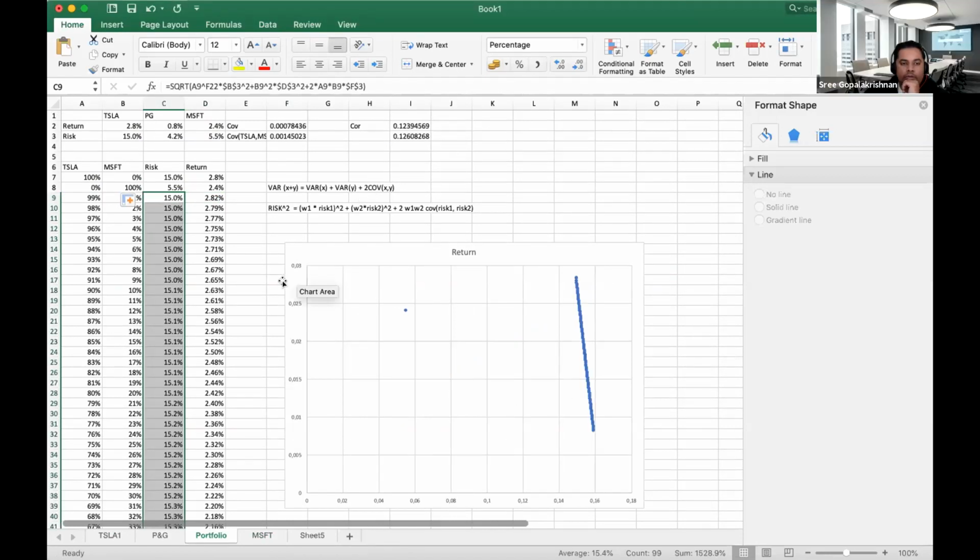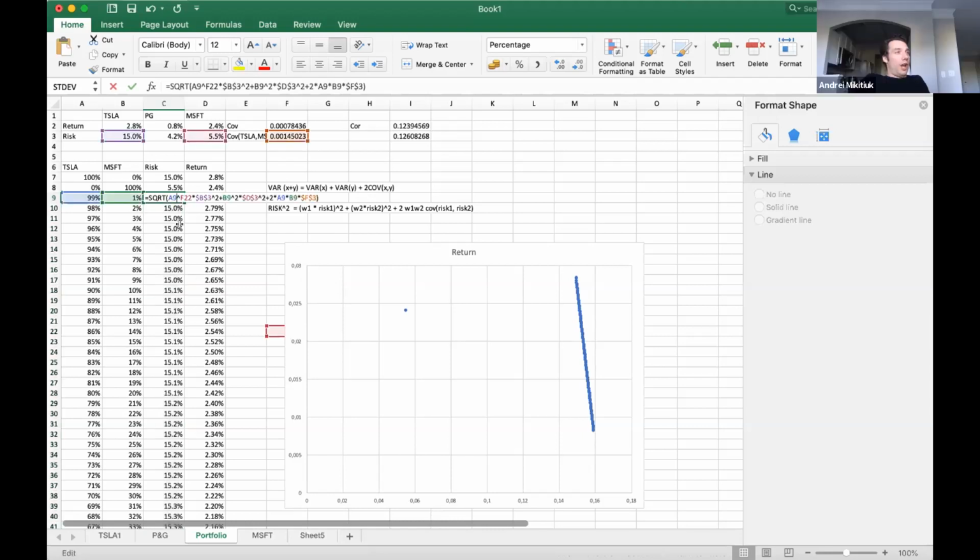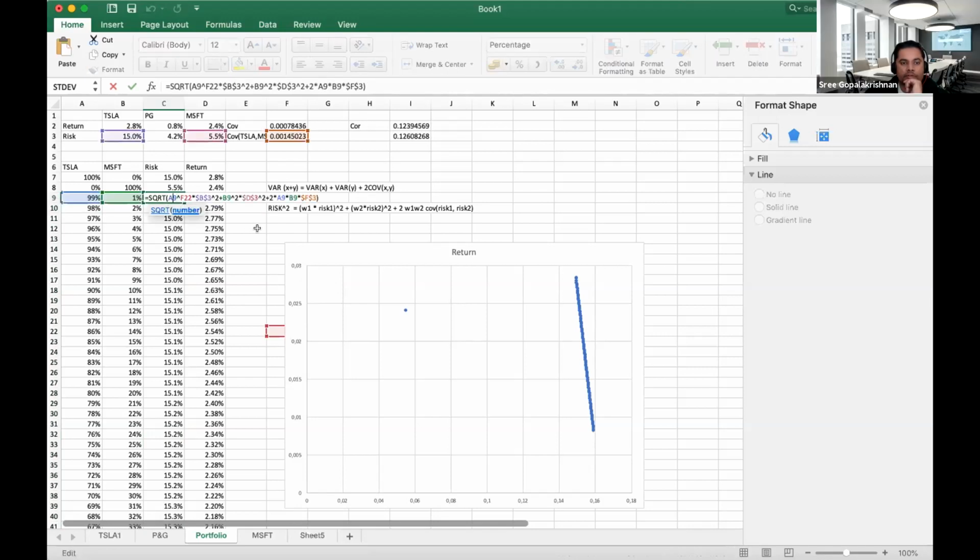Are you doing all 3 stocks at the same time? No, just 2 for now, and something went wrong, as you can see. So how do you expand the formula if you have to do 3 stocks? Is it variance of X? We're almost there. That's the next thing I was going to do with 3 stocks. So let me fix this one.